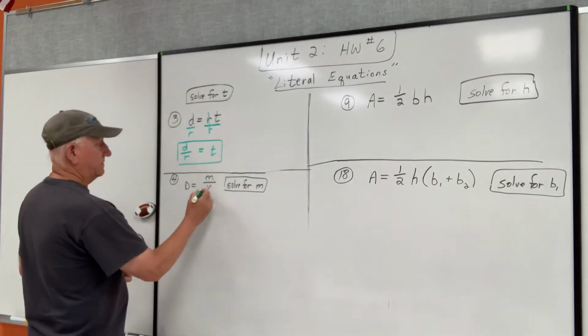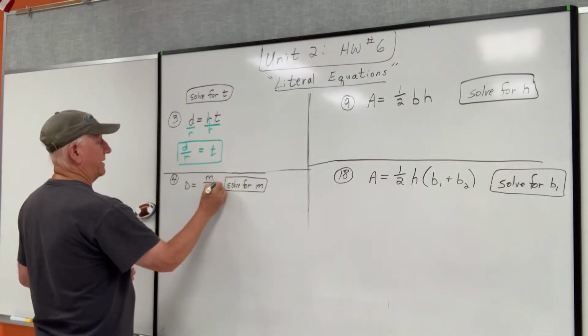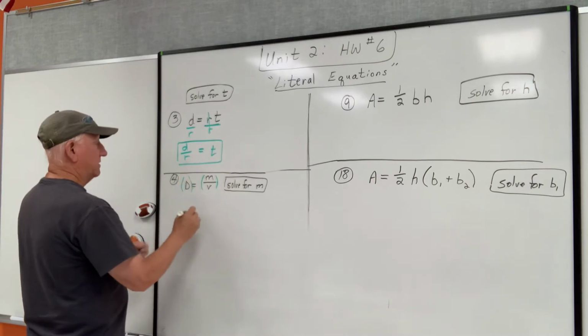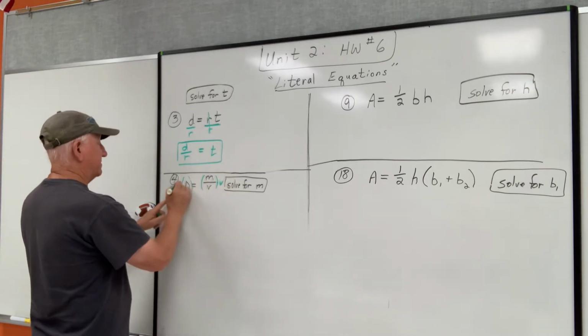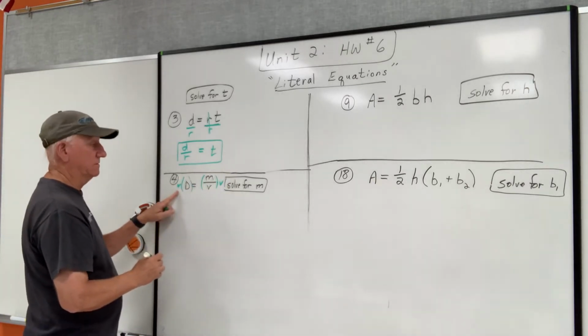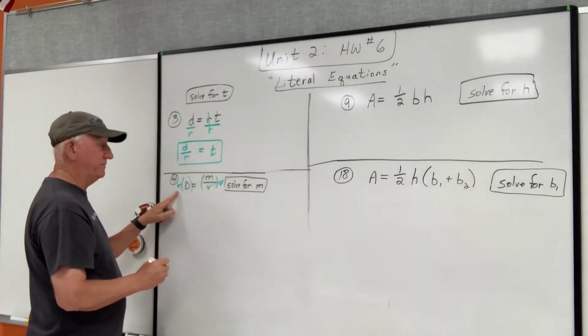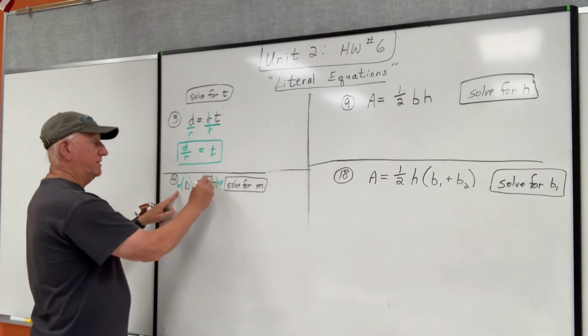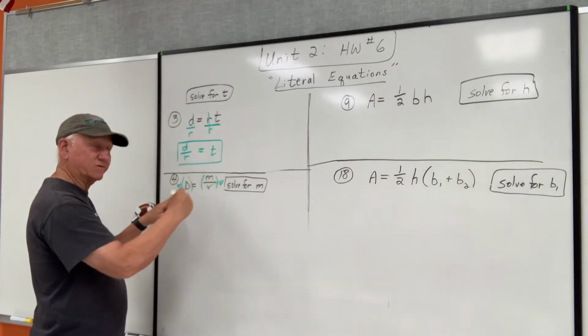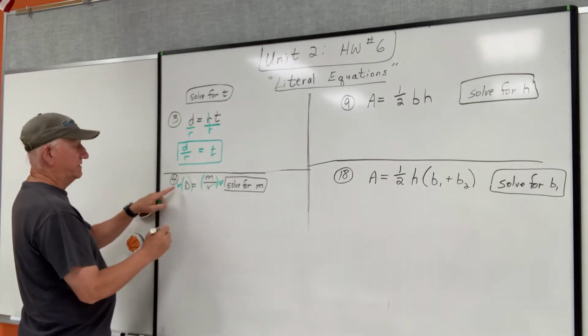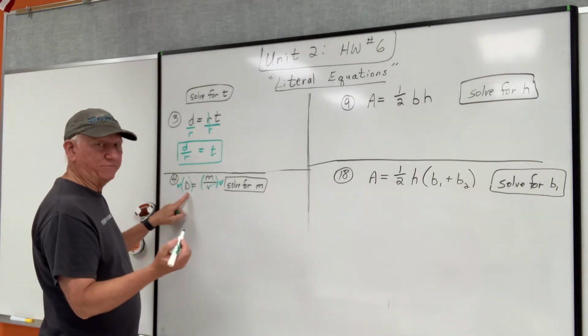So to do that, we're going to multiply both sides. I'll just use parentheses for multiplication. So we're going to multiply both sides by v. So that means on the left we'll have mv over v, which the v's cancel. And over here, that's v times d. And remember, write it in alphabetical order.